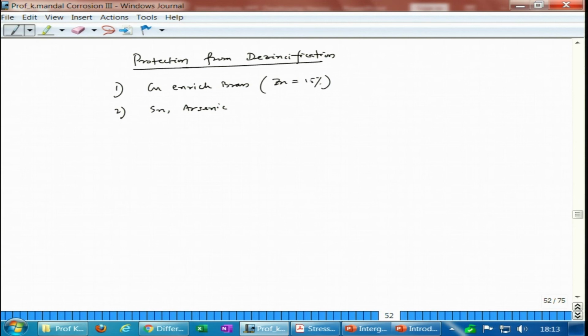Whenever we have a step reaction, what happens here is copper zinc dissolves, fine, and then copper redeposits back. So, this is stage 1. The second stage is copper minus 2e, it redeposits back.